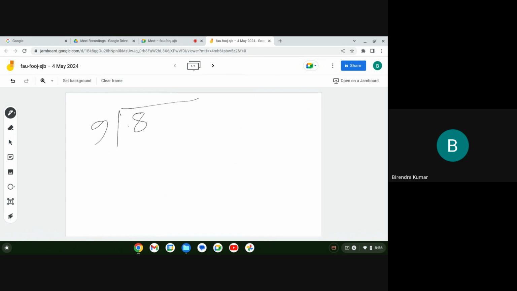I would not want to do that also. 1 divided by 8. Okay, let me do this. I'm just picking the right sum so that I don't make it complicated at the calculation level itself. There are things to be learned, but I'm not trying to teach you something complicated right now, because we have to focus on the concept.